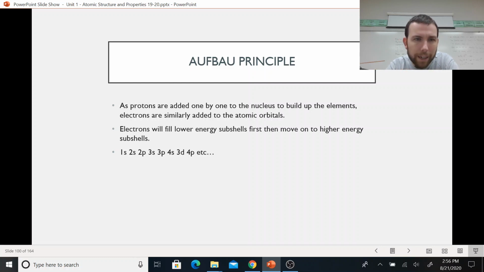It's 1s, then 2s. After 2s comes 2p. After 2p is 3s, then 3p, then 4s, then 3d, then 4p, so on and so forth as we move all the way across the periodic table until we get through all of the elements that are on the periodic table. And so the Aufbau principle, to summarize, just tells us to fill in the electrons in the lowest energy subshells or the lowest energy orbitals first.